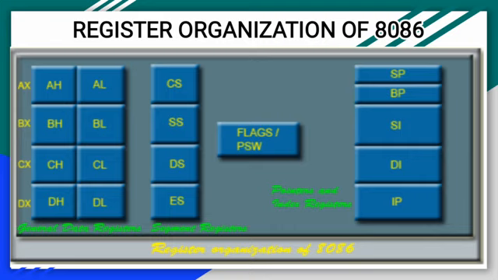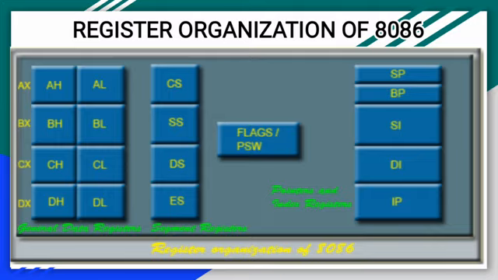They are accumulator register, counter register, data register, and so on. Segment registers consist of CS, SS, DS, ES. A brief explanation of these is given in the further PPTs.